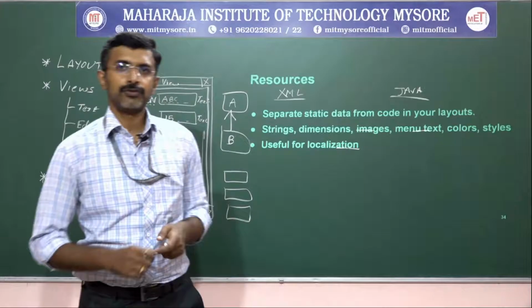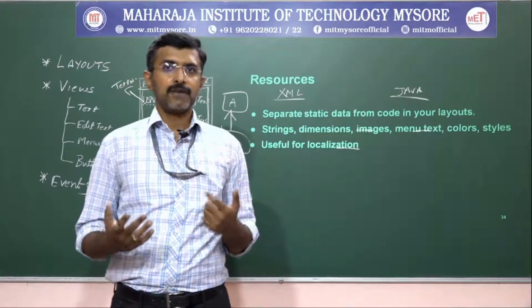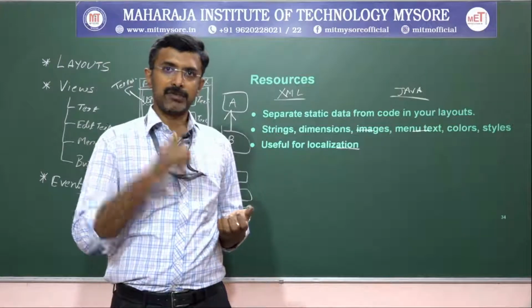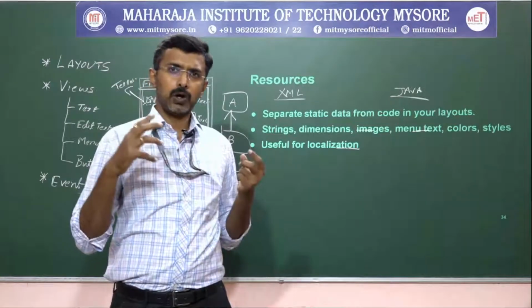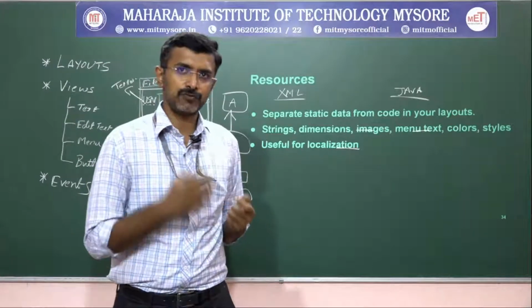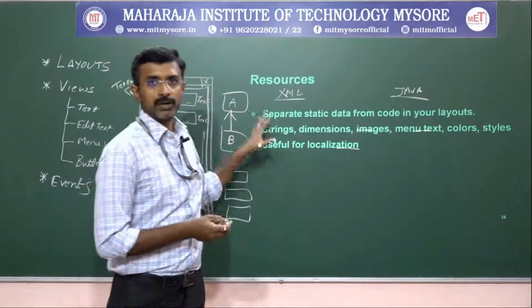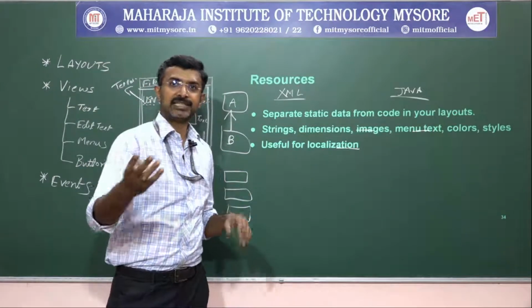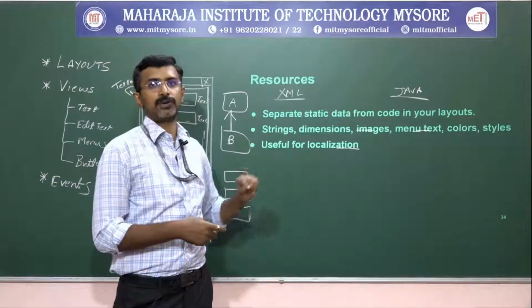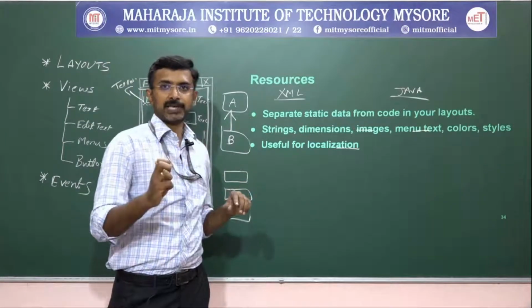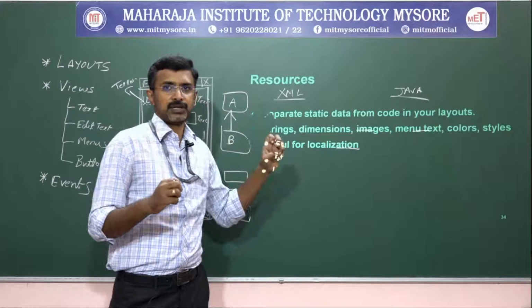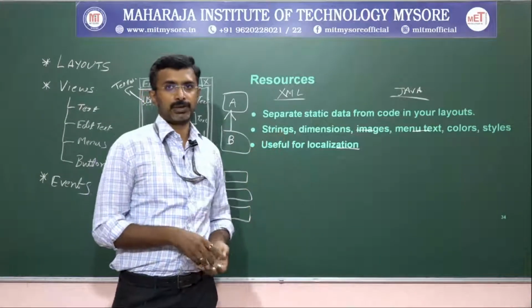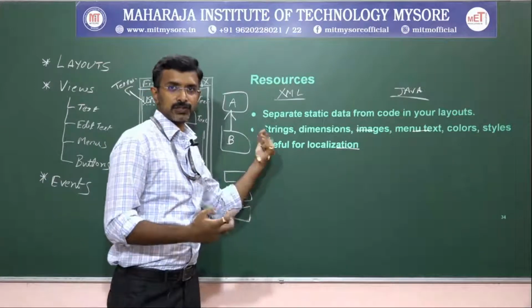If you observe, when we created our project, we had a resources folder where you can have strings and images. All the resources used in our application will be stored in the resource folder: all our button IDs, the strings, the colors, the styles, everything. Every application will have resources, and this will supply you all the information you want.